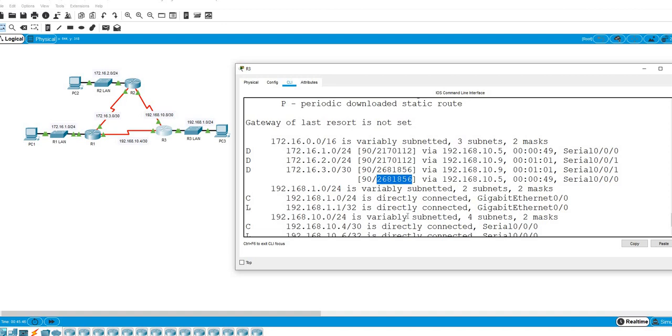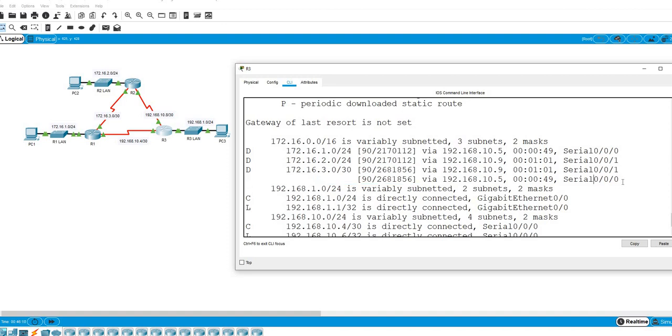That's why they are listed in the routing table. The first path is via 10.9, which is the next hop IP address of router 2. And the other path is 10.5, which is the IP address of router 1. And they both are equal cost.